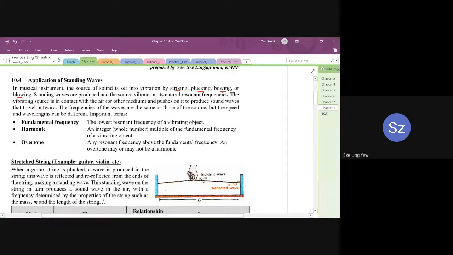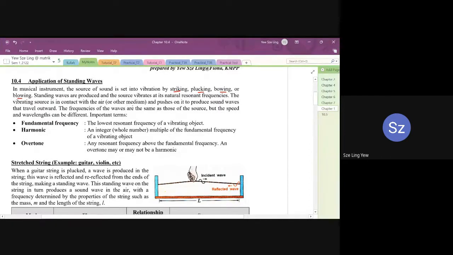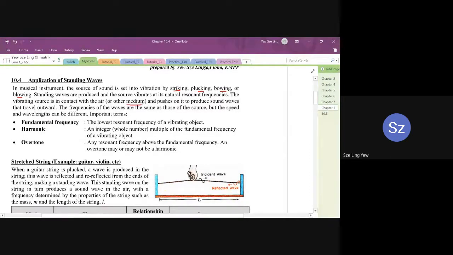So the vibrating source is in contact with the air or another medium. You need a medium to move the sound towards you. It pushes onto it and produces a sound wave that travels, so you need a medium so that the sound wave can travel out.